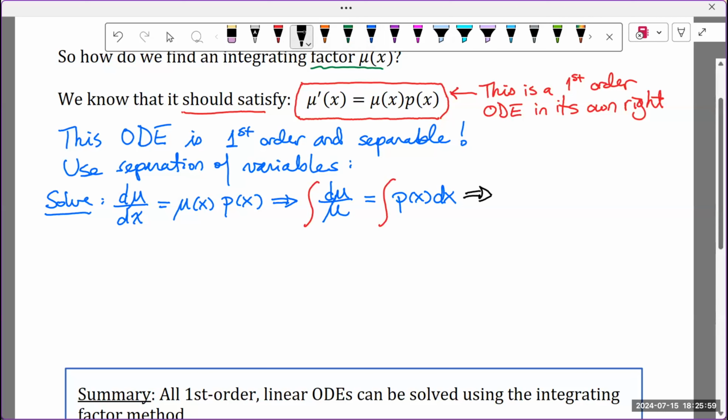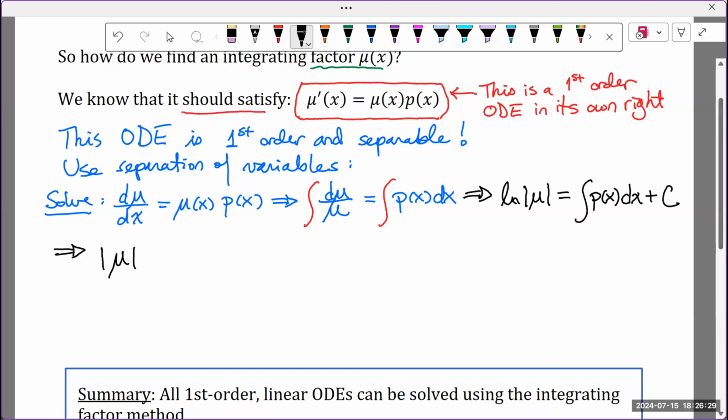So d mu over mu, that leaves us with a natural log of mu on the left-hand side, and on the right-hand side, well, we don't know what the integral of p of x dx is, but we know it's integral of something. And since in this case, we have no limits of integration, we have to make sure to add a constant of integration. Okay, well, when you have a natural log, what do you do? You exponentiate.